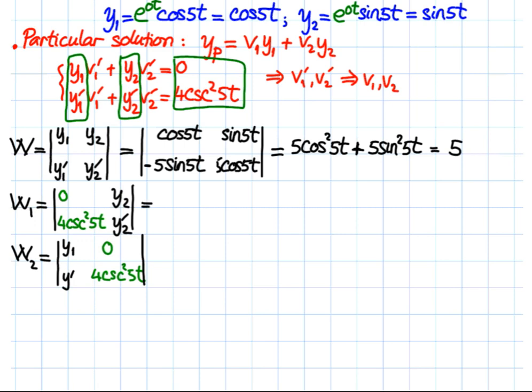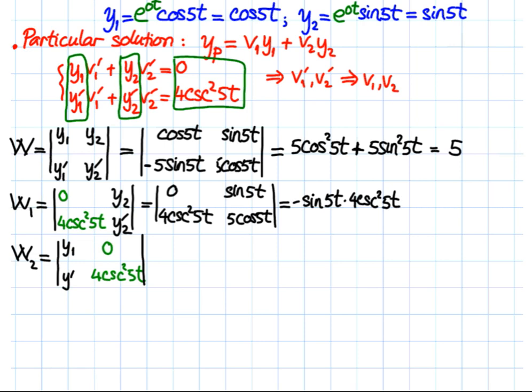Next, we have 0, 4 cosecant squared of 5t, sine of 5t, 5 cosine of 5t. For the determinant of this, 0 times 5 cosine 5t is still 0. We have minus sine 5t times 4 cosecant squared of 5t. Now cosecant squared is 1 over sine squared.